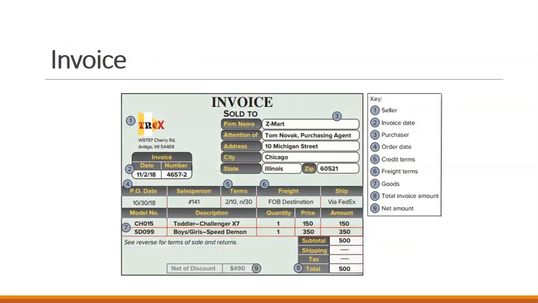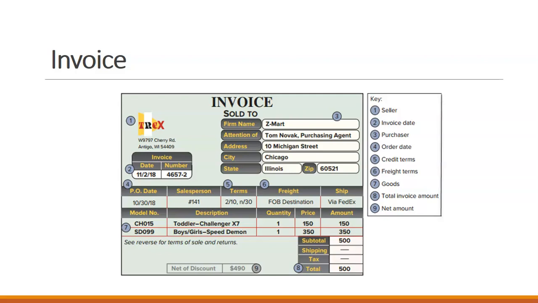This is an example of an invoice, and it has a lot of information that we would see in a typical invoice. We have the seller, the date, who is buying it, the credit terms. So we can see here the credit terms are 2/10, n/30. What the freight terms are, we're going to talk about the freight terms on a later slide.